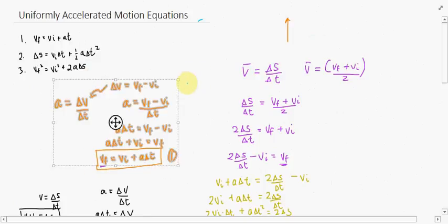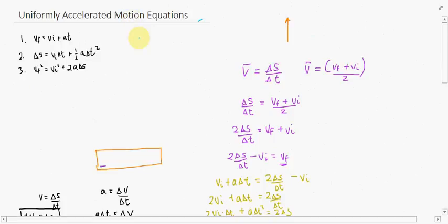Yep, okay, looks good. So that's giving me some space. Okay, so we have a couple of quantities. We have Vf, we have Vi, we have a, we have Δs, we have Δt. So what else? I think that's pretty much it.